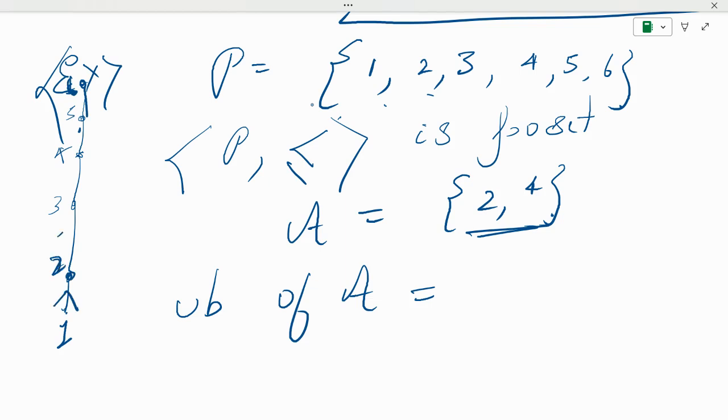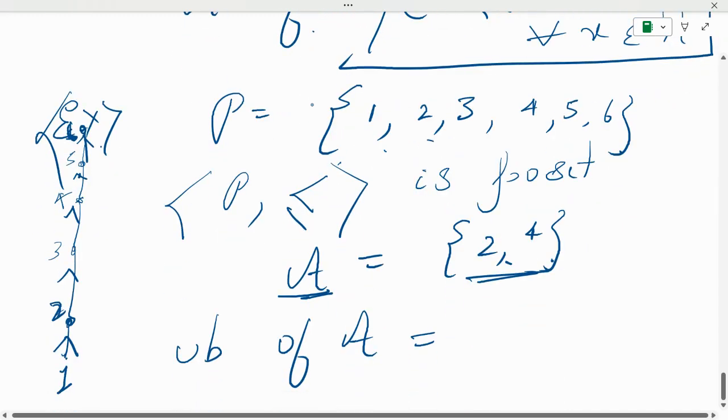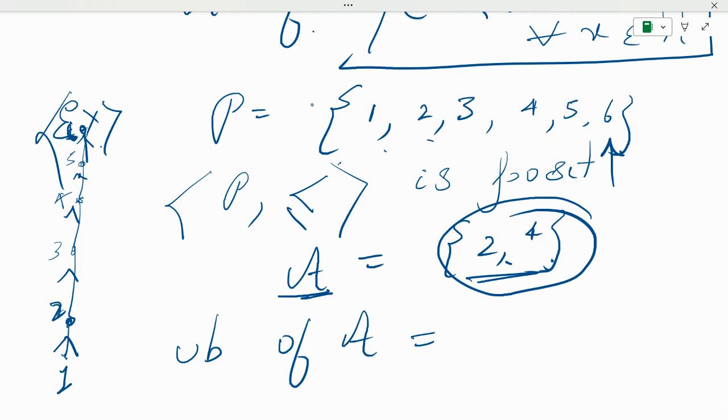This is the Hasse diagram for this. Also, it is a toset. So for this set A, if we have to define the upper bound, it is any element belonging to P that covers all the elements of the set A.